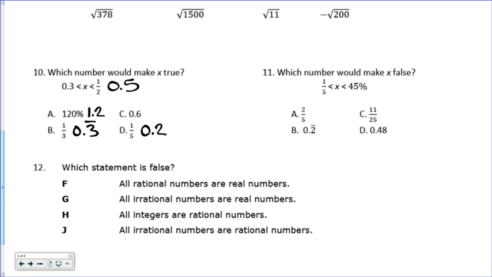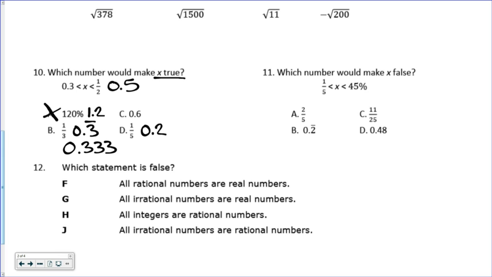So now I need to figure out which one of these would make it true. So it has to be greater than 0.3, but less than 0.5. So A, 1.2 is much larger than 0.5. B, 0.3 repeating. If I keep writing that decimal, it's 0.333.